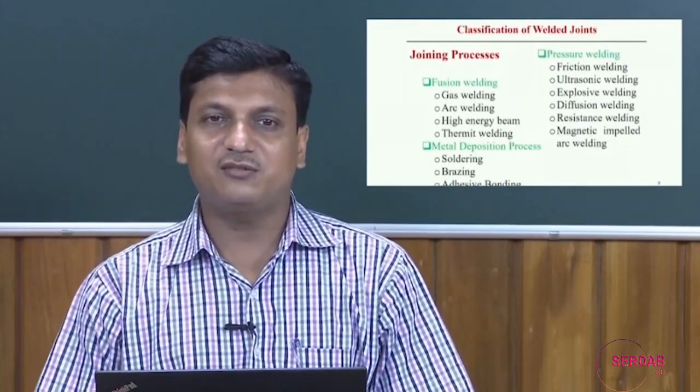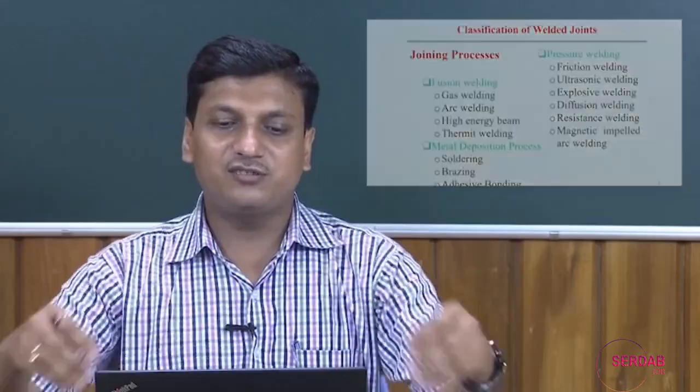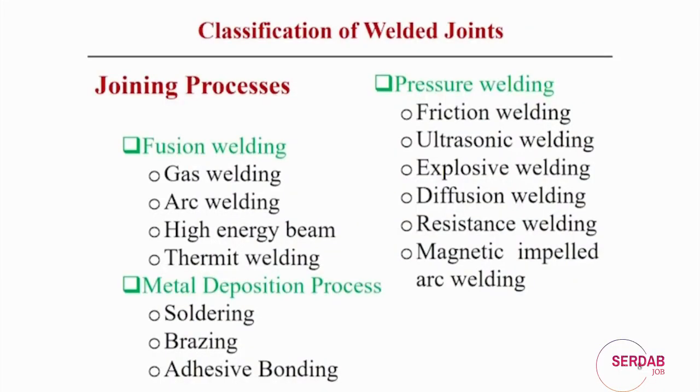If we look at it another way, this is the classification of the welded joint. Several joining processes can be classified into three main categories: fusion welding, metal deposition process and pressure welding.